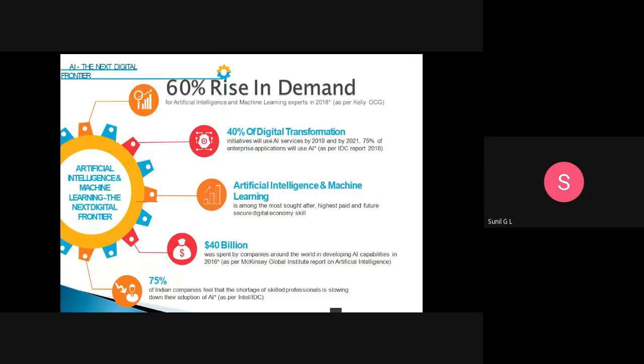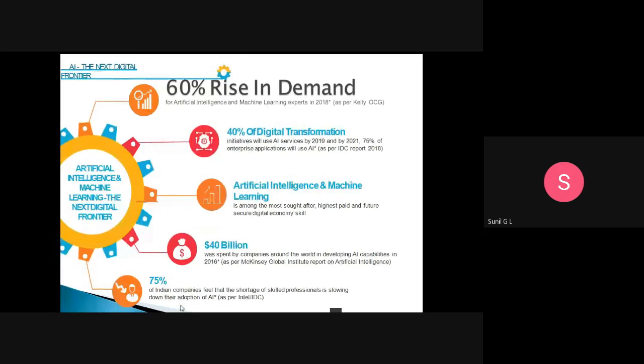And 75% of Indian companies feel that the shortage of skilled professionals in AI is slowing down their adoption of AI.